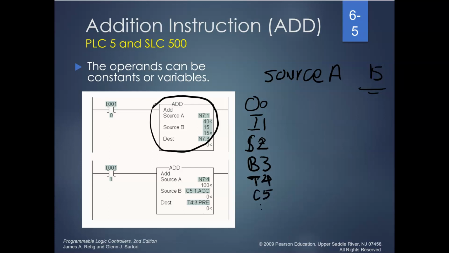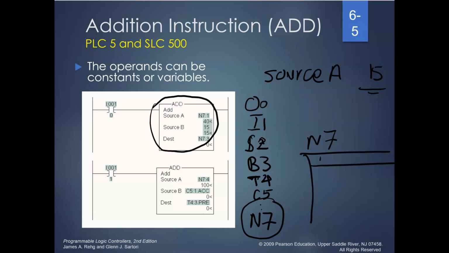Now, if you go forward, file number 7 is the integer file. So in file number 7, you can store variable integer numbers. Here you can see it is addressing N7, which means that in N7, your integer file, you can save any integer number. So the first block is basically your N7:0.